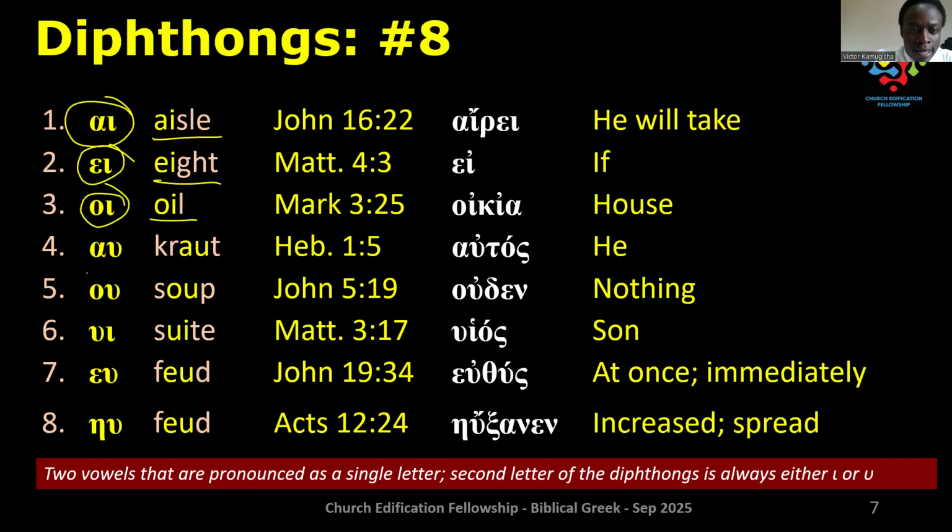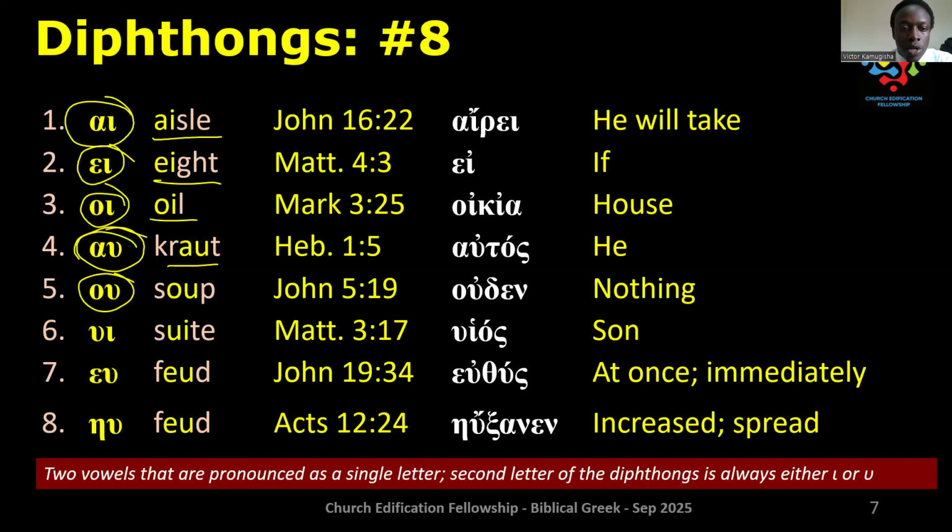Then, if you have alpha and upsilon, you pronounce this as owl, just like in the word crowd. If you have omicron and upsilon, you pronounce this as oo, just like the word soup.